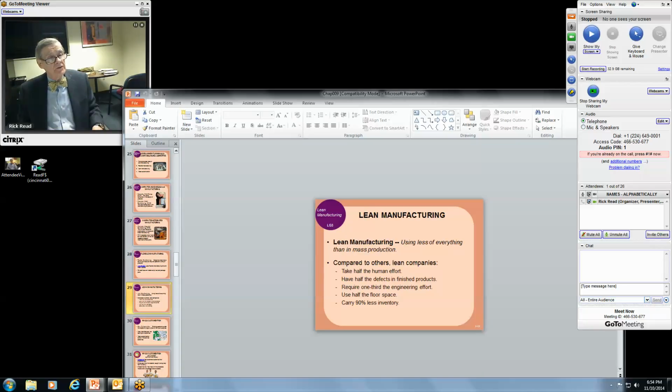Lean manufacturing. I got to know something about this with a former student that I had. He worked for a very large company, and he went around to their manufacturing plants and taught them lean manufacturing. Now, what lean manufacturing simply says is doing your production with less of everything.